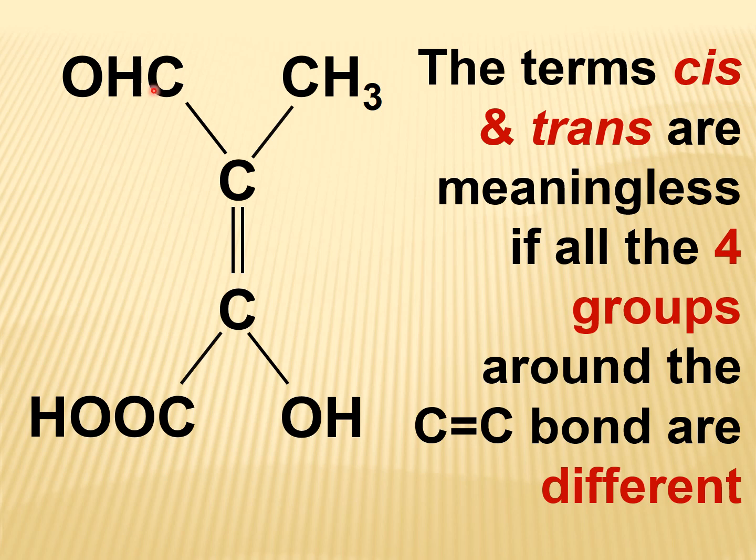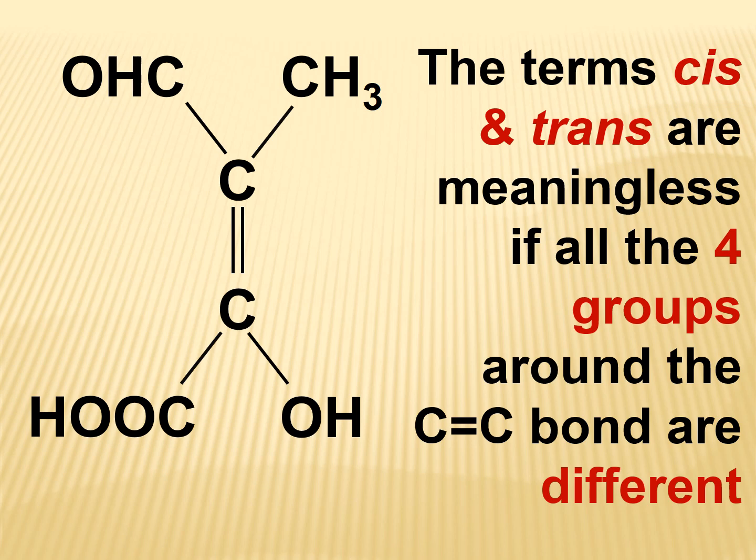All the four functional groups are different, so we cannot distinguish which is cis and which is trans; the words cis and trans are meaningless. That is, adjacent and opposite, the words are meaningless. So in this case, what will we do to differentiate between such types of isomers?